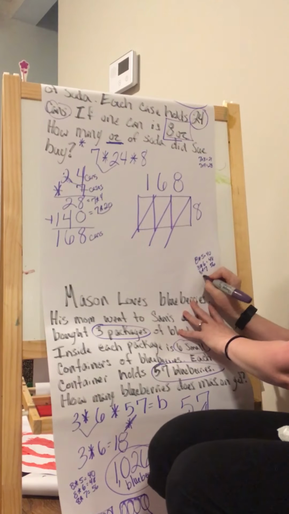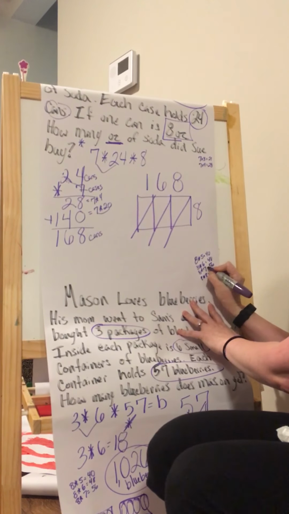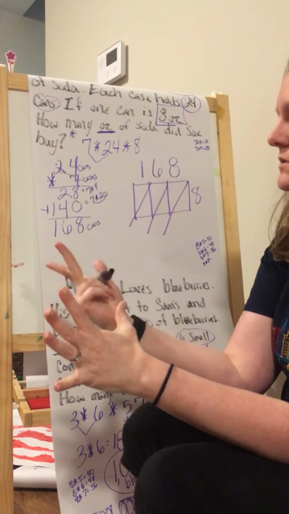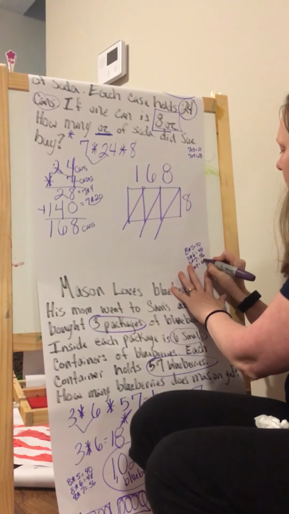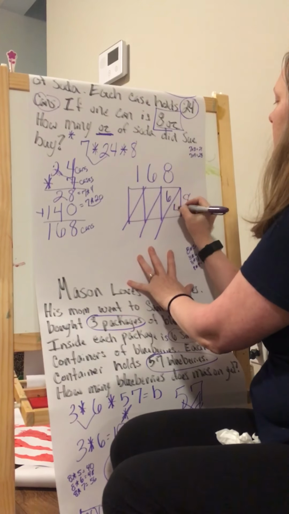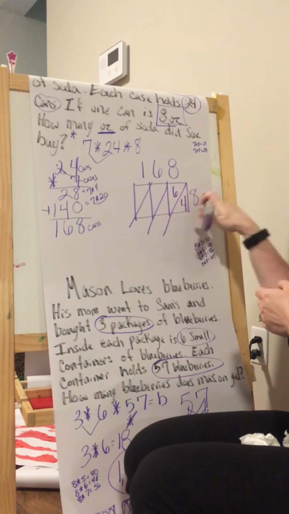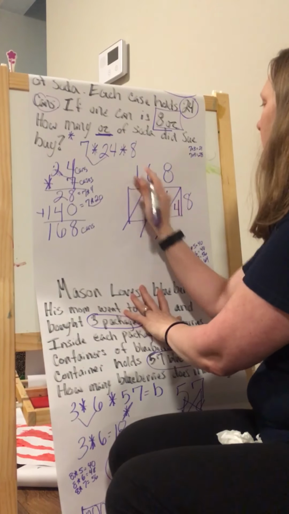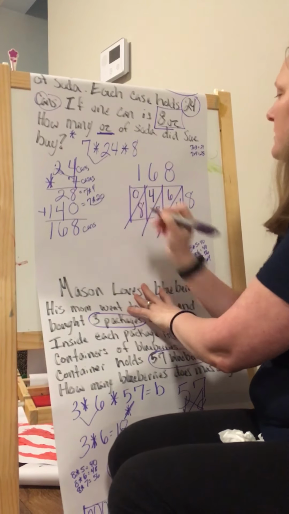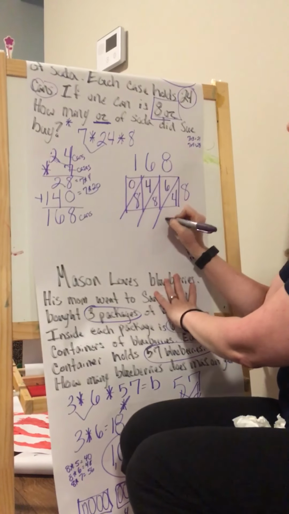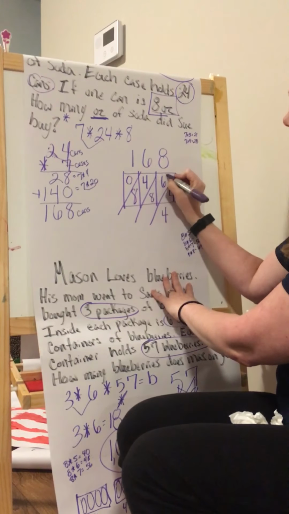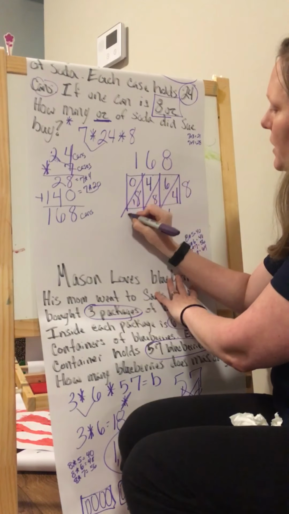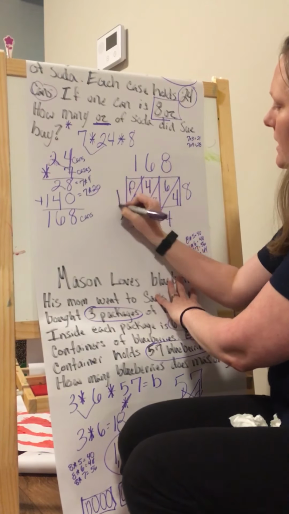Then 8 times 8, I'm going to go 56, 57, 58, 59, 60, 61, 62, 63, 64. 6 times 8 is right here, 48. And 1 times 8 is 8. Add it up. 8, 9, 10, 11, 12, 13, 14. 8, 9, 10, 11, 12, 13, and 1.